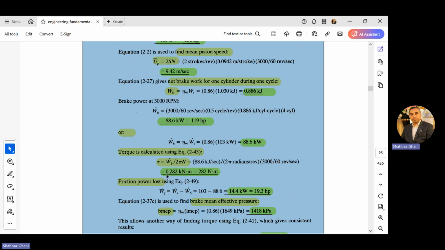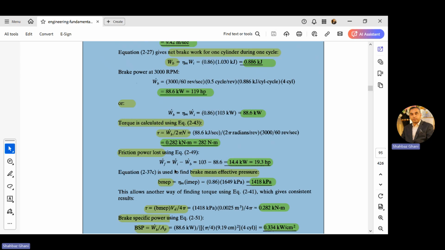So the torque of that engine is 0.282 kilonewton meters or 282 newton meters. Now, after finding the torque, let's find the friction power lost during this whole process. Friction power is equal to indicated power minus brake power. So 103 minus 88.6 comes out to be 14.4 kilowatts, or 19.3 horsepower, wasted as friction power. Okay.